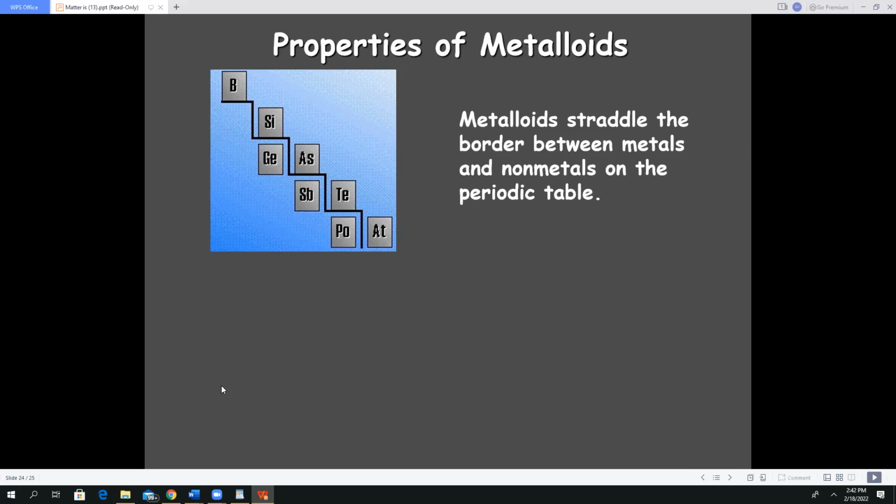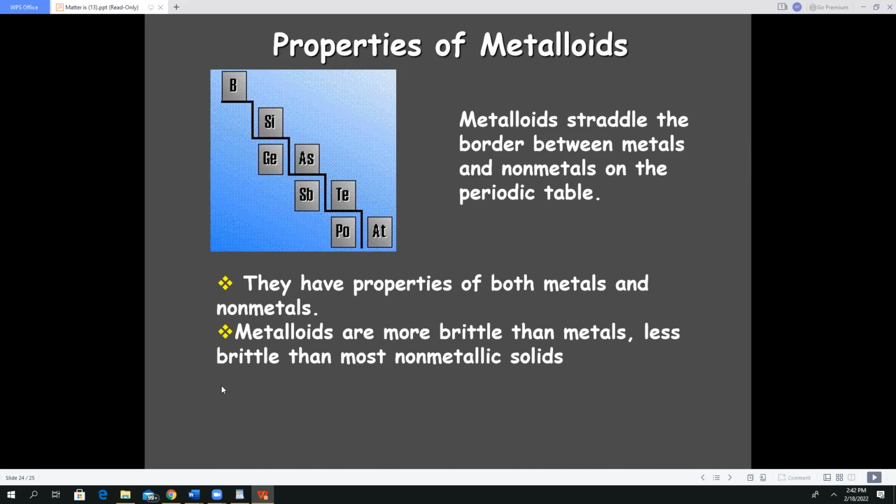Okay, so they are the ones that straddle the border between metals and nonmetals in the periodic table. That line on the periodic table that I gave you is the line they're talking about. They have properties of both metals and nonmetals, and some may have more properties of metals, some less, it just depends on who they are.